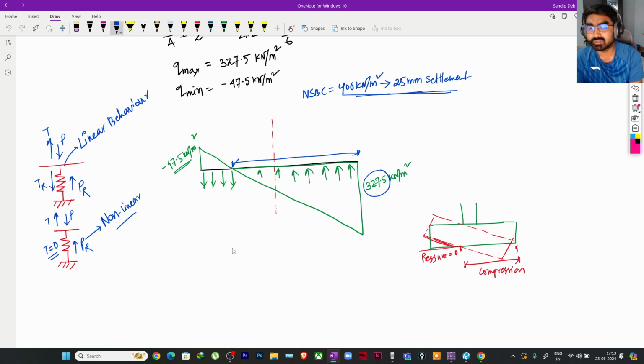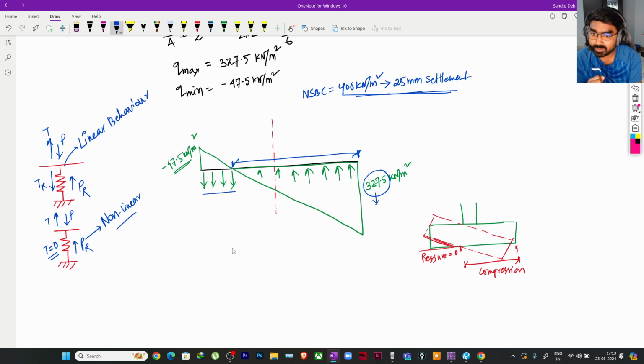We will see how much it is coming. So what we are saying is that this effective width will be resisting a higher value of pressure than the value that we are getting from the linear analysis.